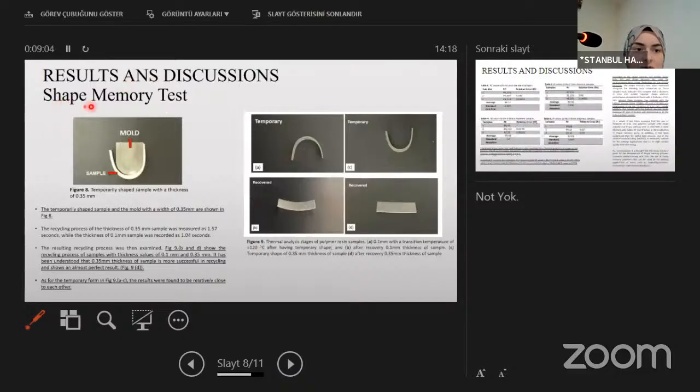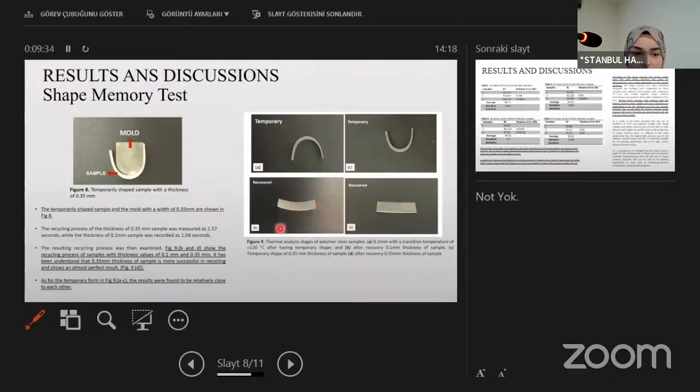And the results of the bending test are here. The temporarily shaped sample and the mold with the thickness of 0.35 millimeter are shown in Figure 8. As you can see, the mold and sample are here. Then Figure 9 B and D show the recovery processes of samples with thicknesses of 0.1 millimeter and 0.35 millimeter.